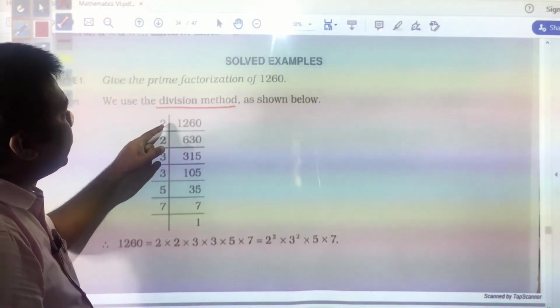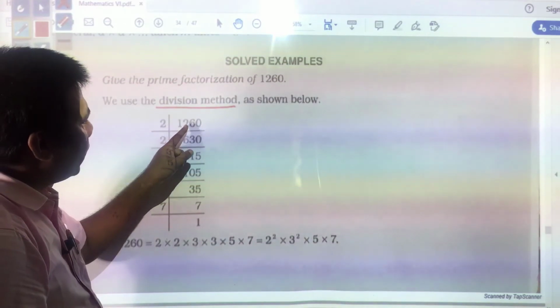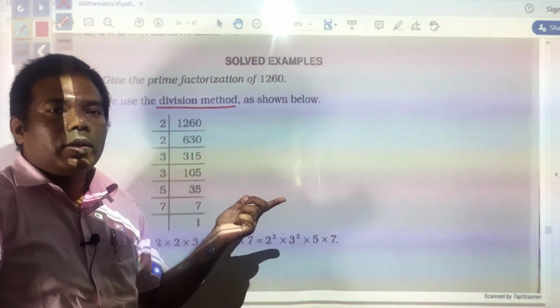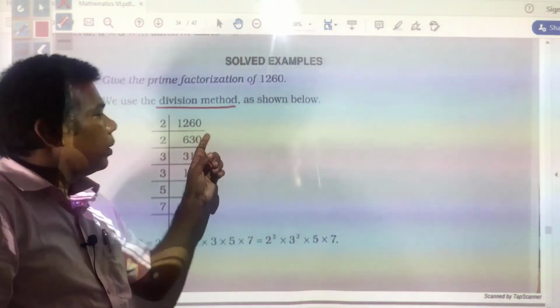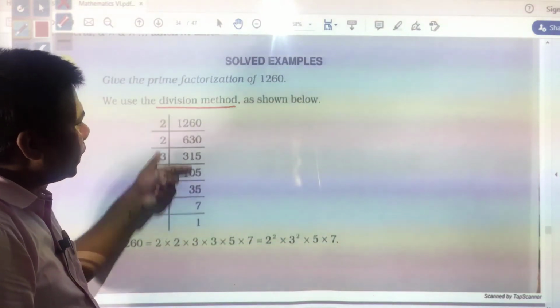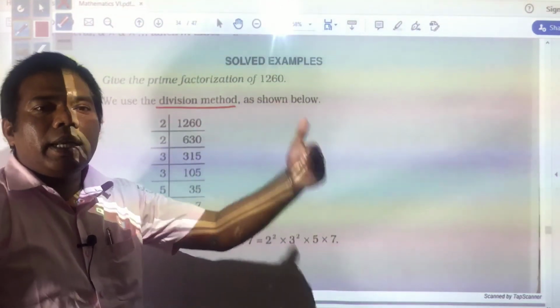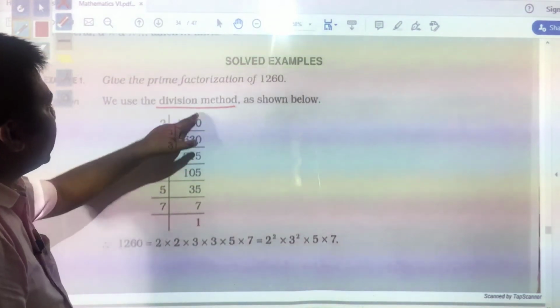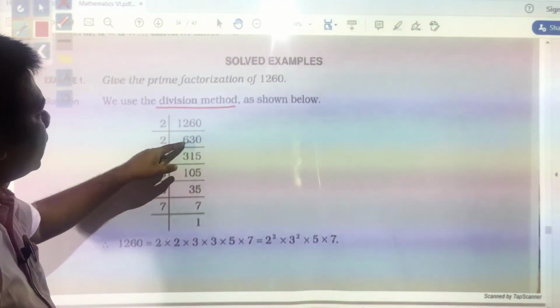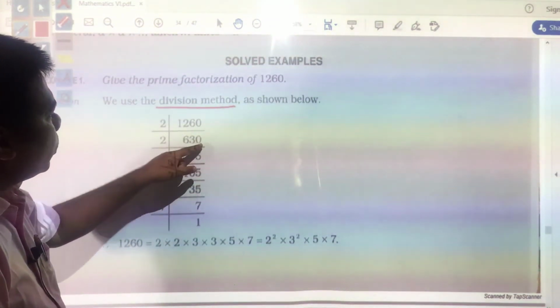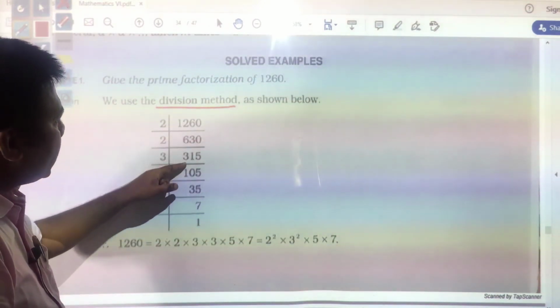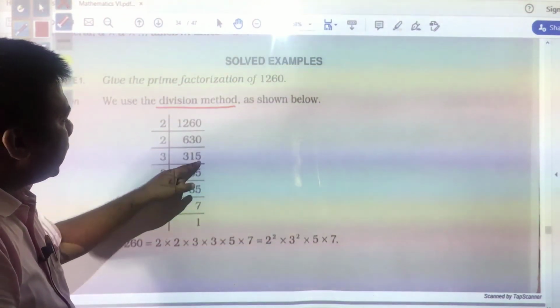If it is divisible by 2, you start with 2. If it is not divisible by 2, you go to 3. If it is divisible by 3, you can start, otherwise you see the next prime numbers. So it is divisible by 2: 2 sixes are 12, 2 threes are 6, 2 zeros are 0, 2 threes are 6, 2 ones are 2, 2 fives are 10.